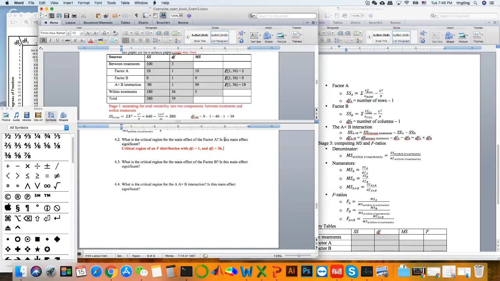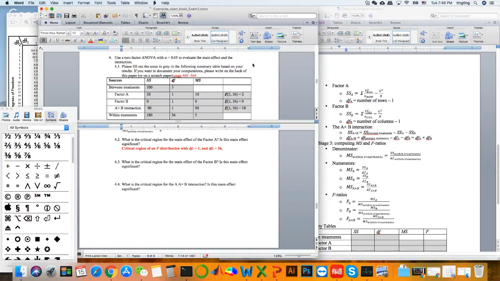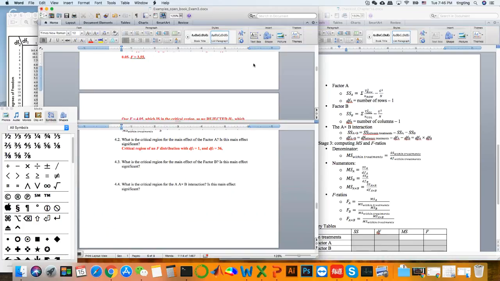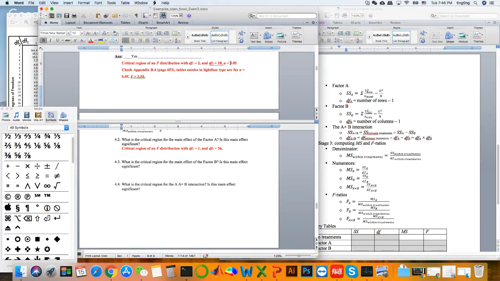And alpha equals to 0.05. Check the same table, right?